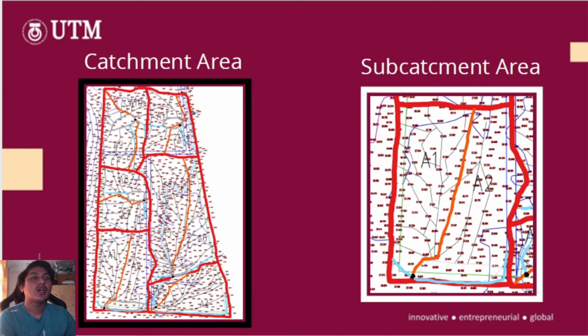There are a total of 6 catchment areas on our left side, and each catchment we divide into 2 sub catchments, as an example on our right side.